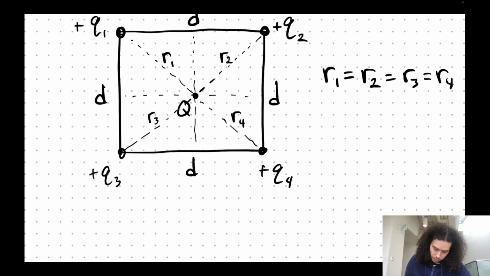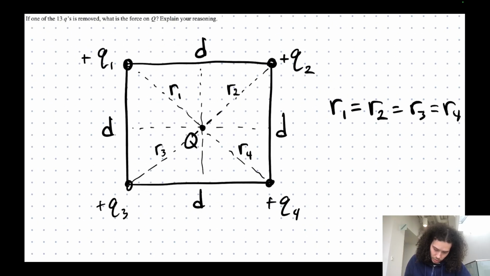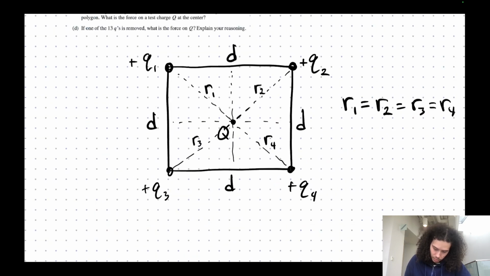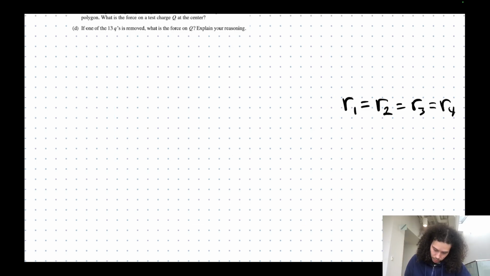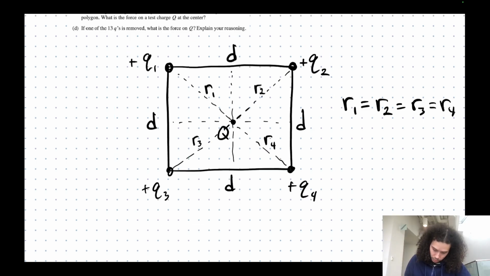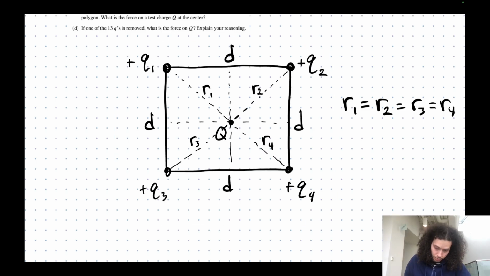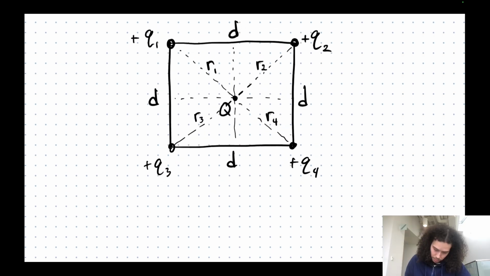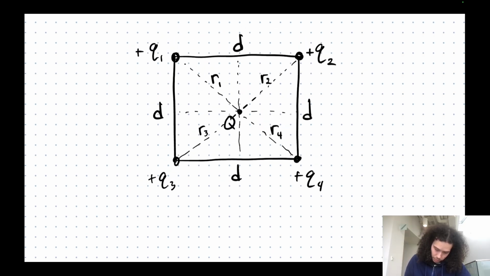I'm thinking, let me just copy this exact setup. Copy, paste it over here. Come on. There you go. Just delete some stuff.